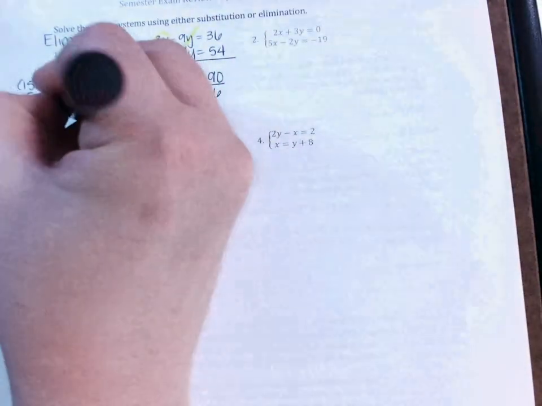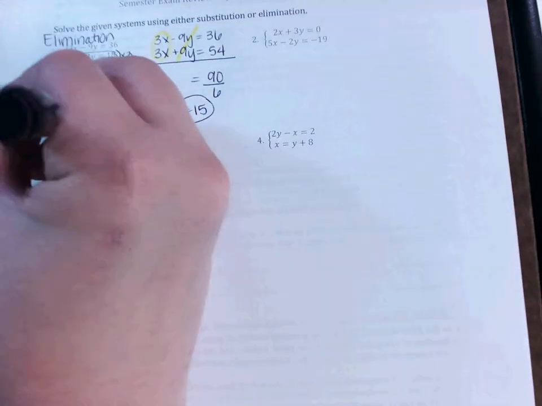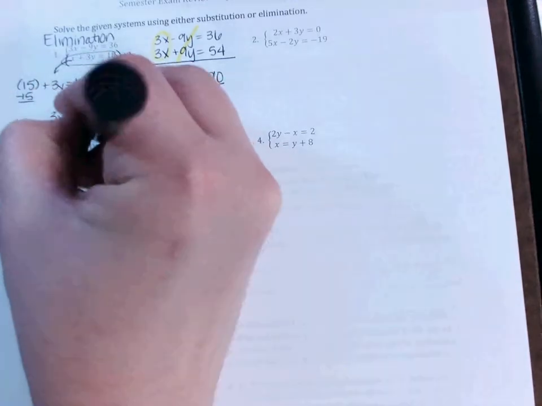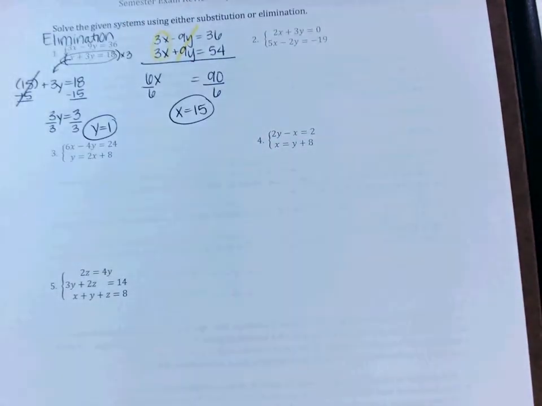That'd be 3 left over, right? And then I'd divide by 3 on both sides and get what? I'd get 1. Okay? So you would find your first letter, go back and plug it in, and then find your second letter.